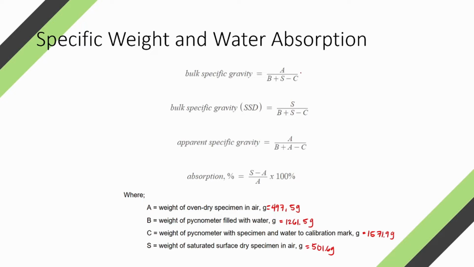So, we may now compute for the bulk specific gravity. That is A, yung ating oven dry weight, 497.5, all over B, which is 1261.5, plus S, which is 501.6, minus C, yung weight na 1571.9.